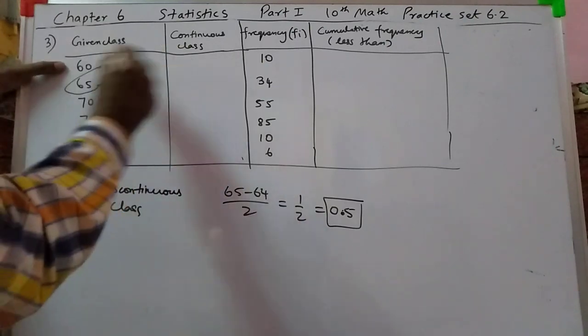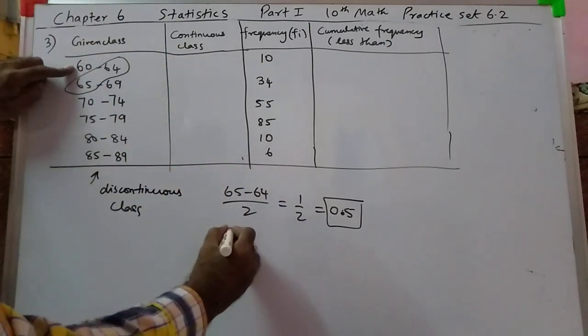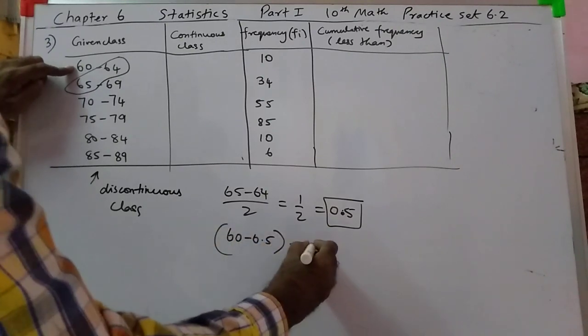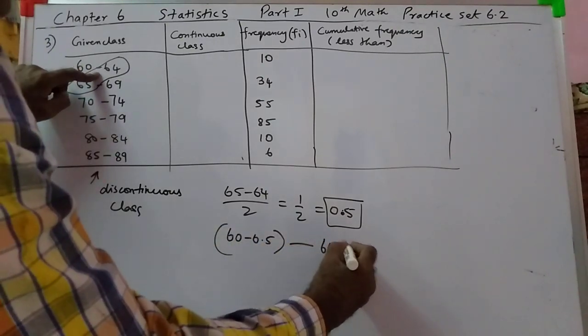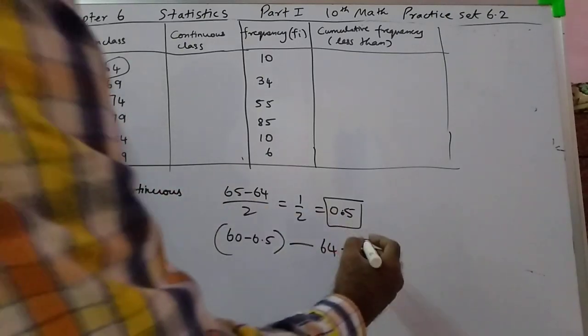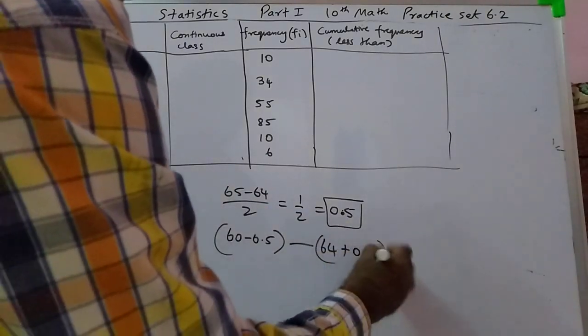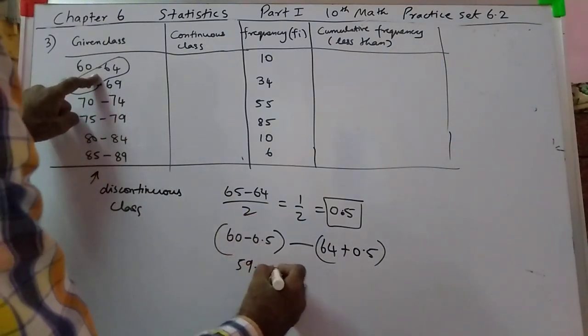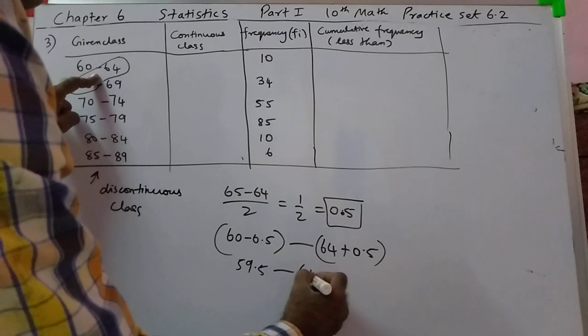Here you have to subtract it. In this place, 60 minus 0.5 and this 64 plus 0.5. That will get 59.5 and 64.5.